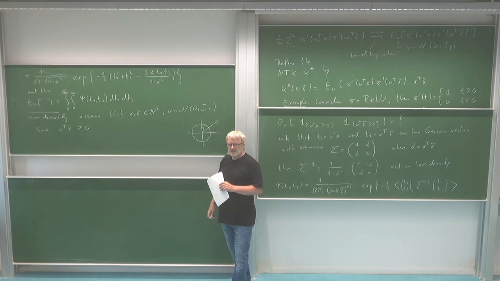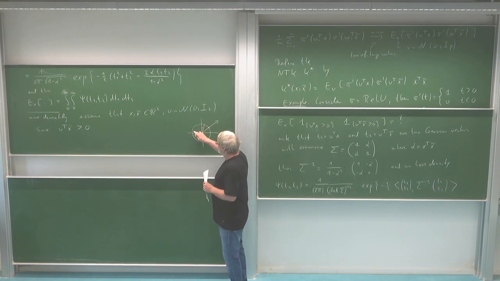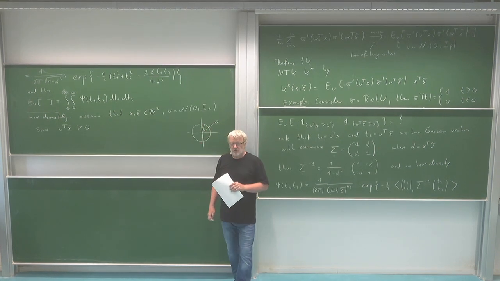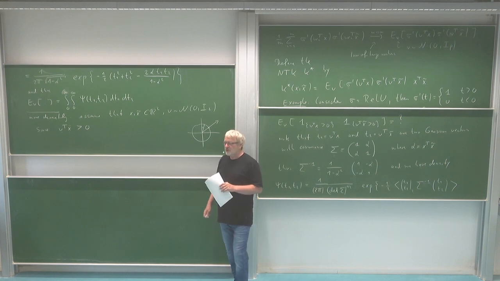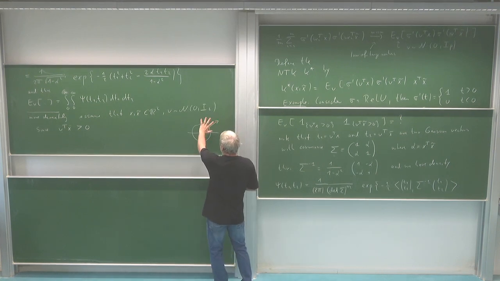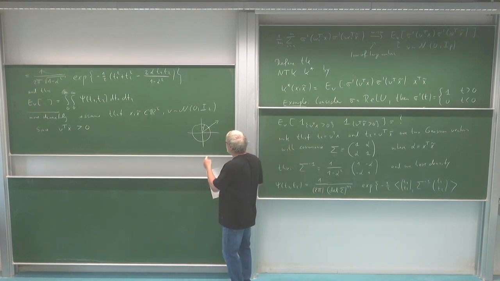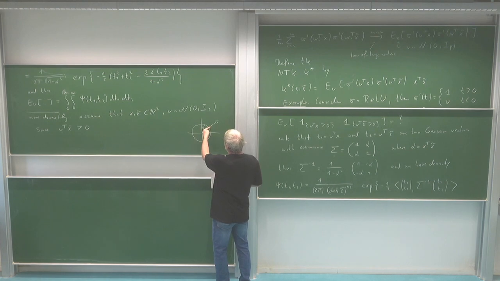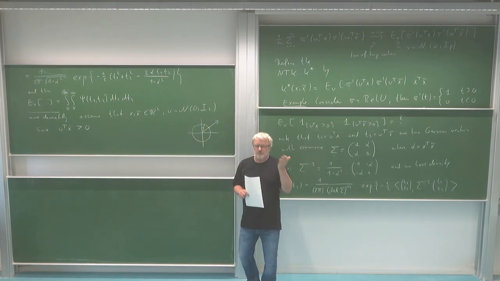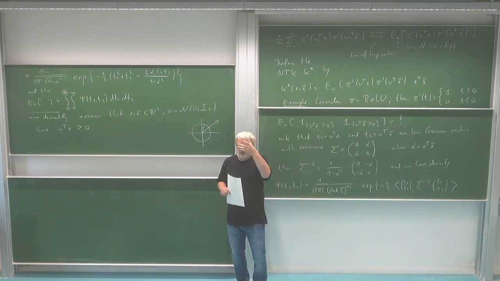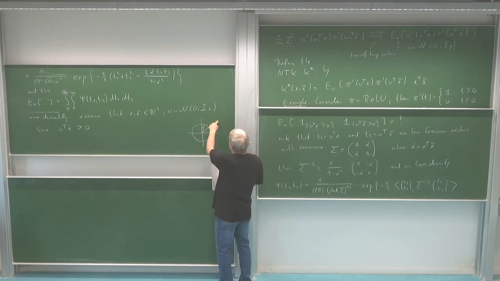So I can project my Gaussian random vector onto the circle of radius 1. Of course, this distribution is Gaussian, but if I just want to know the distribution of the normalized Gaussian random vector on the unit circle, this is uniform. A Gaussian random vector is rotationally invariant, so the distribution of the normalized vector is uniform.